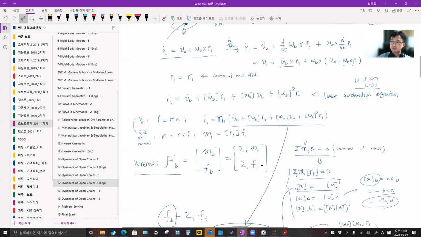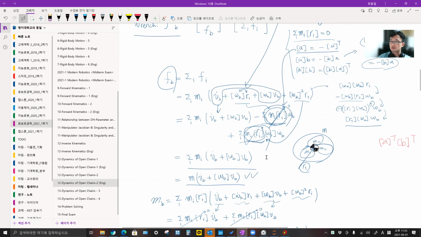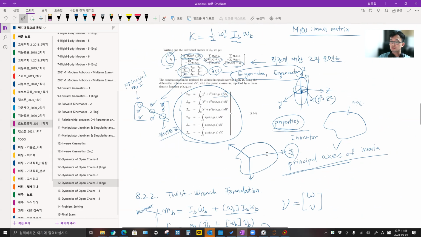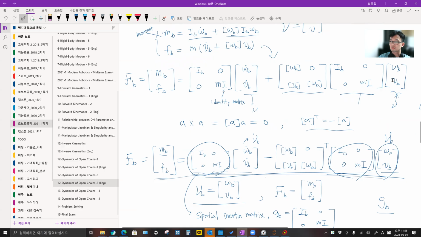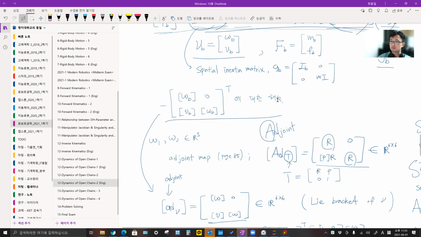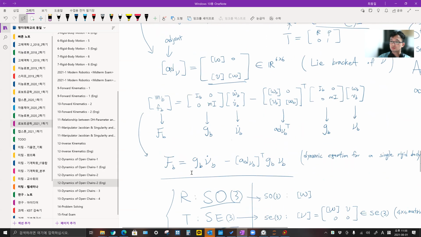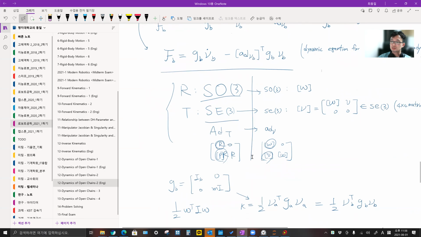So all these long equations become a very simple matrix form. And this matrix form is also named, and it becomes a much simpler equation. So this is the final equation, and this equation describes linear force and rotational moment. So this is the power of the modern robotics library.